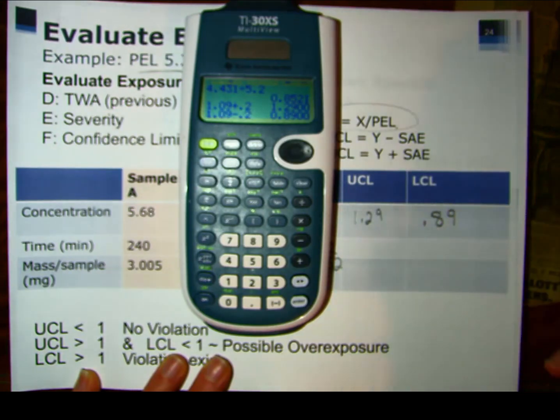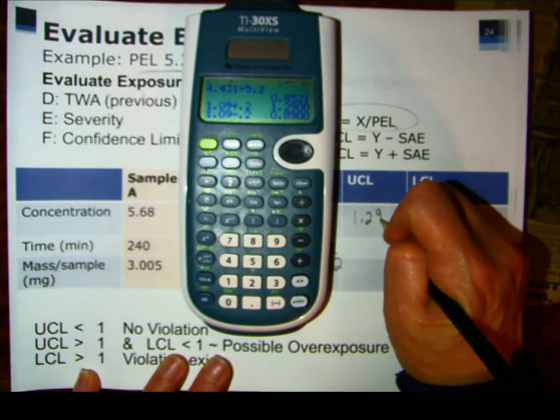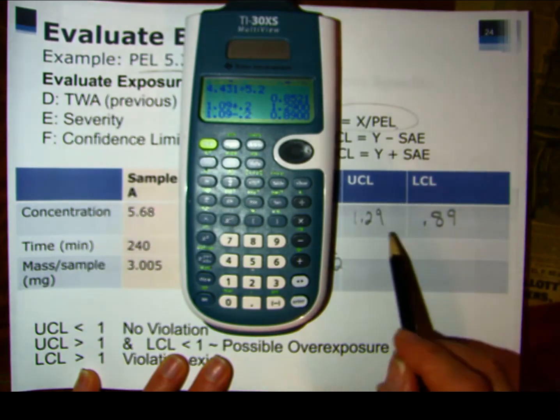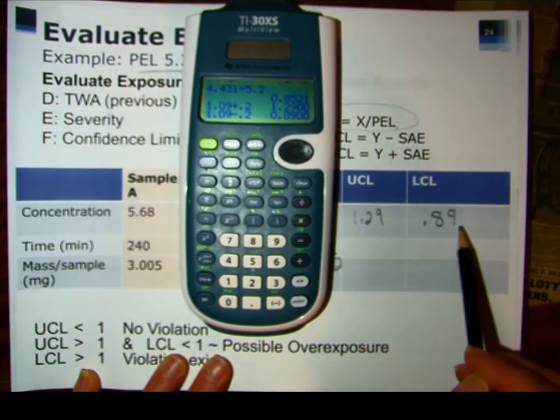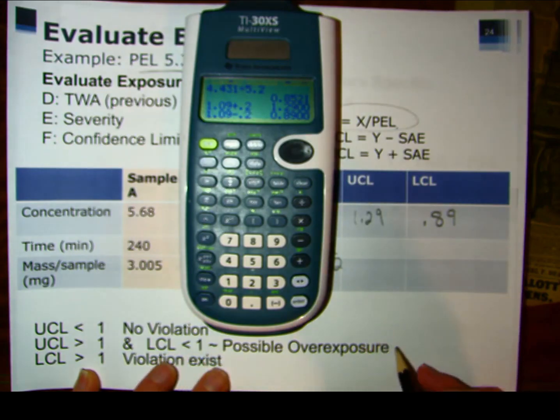So in this situation, my upper confidence limit is above 1 and my lower confidence limit is below 1. A possible overexposure may actually exist.